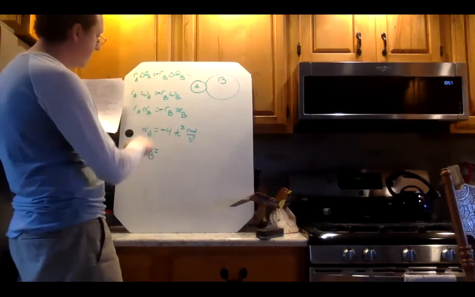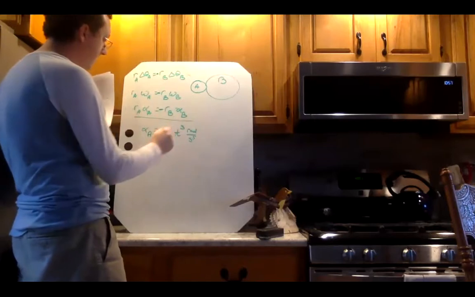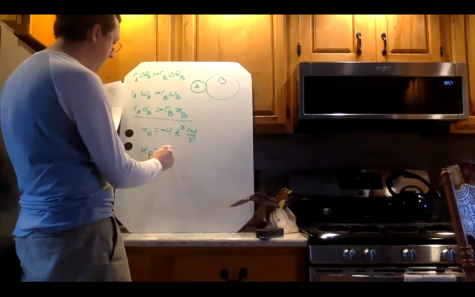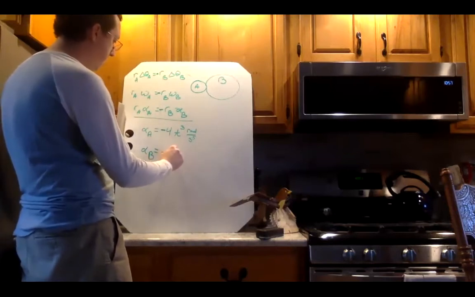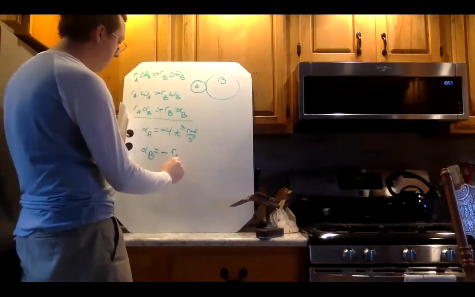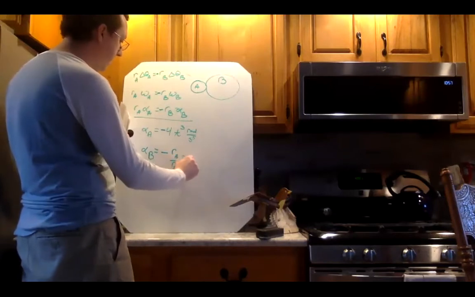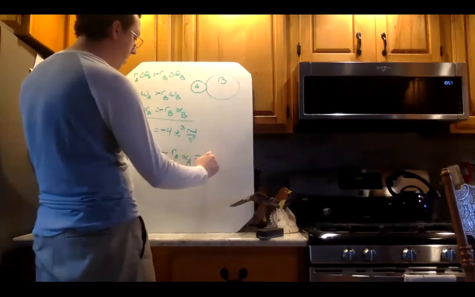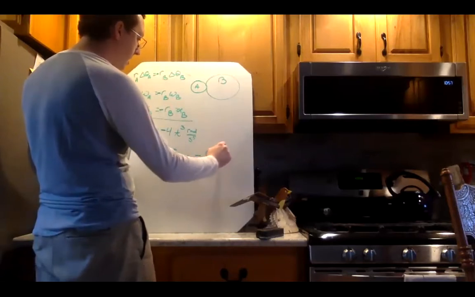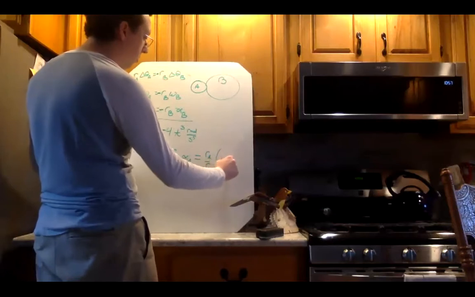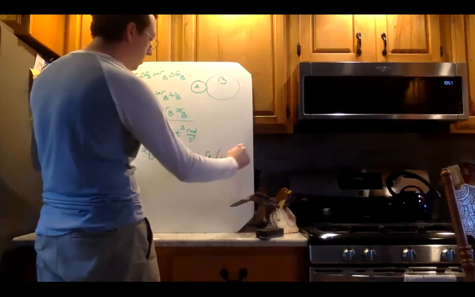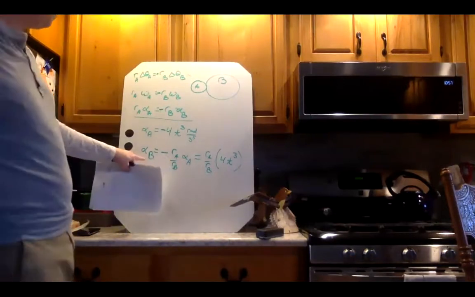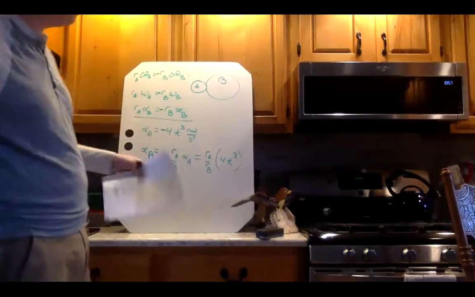Now going back to this line, if I know alpha for A, I can find alpha for B. That's going to be minus RA over RB times alpha for A, which comes out to be RA over RB times positive 4t cubed. So alpha B will come out as a positive number.